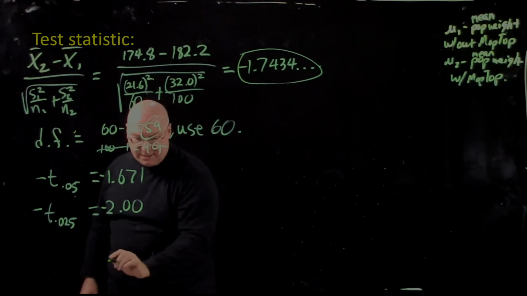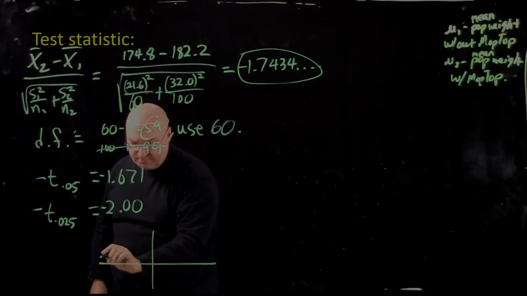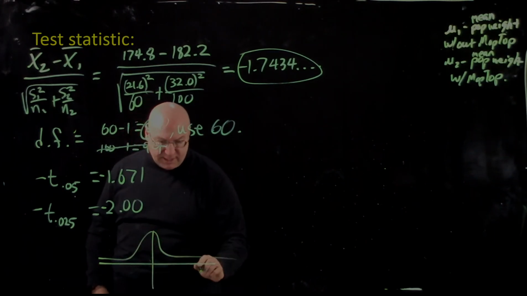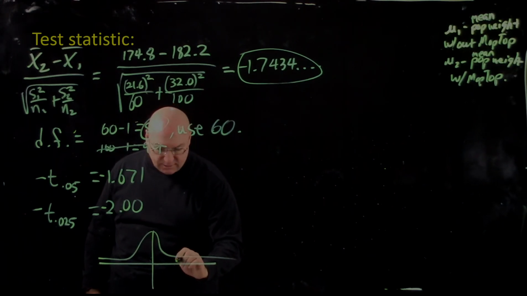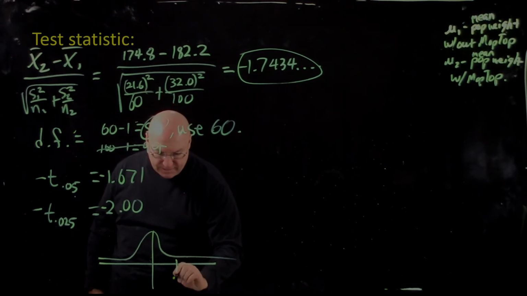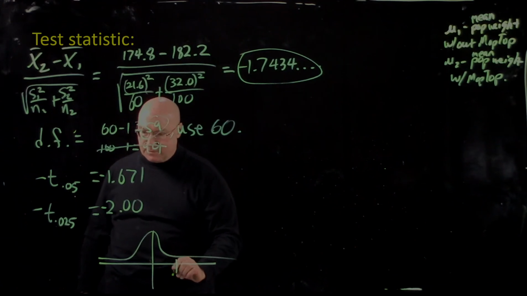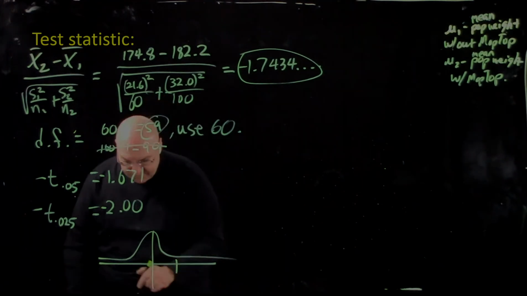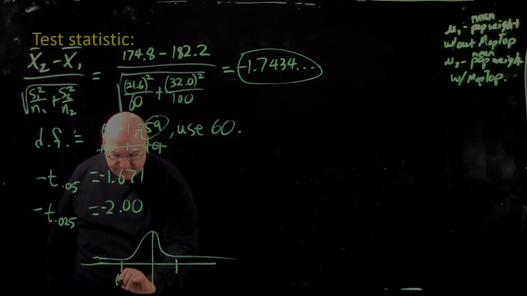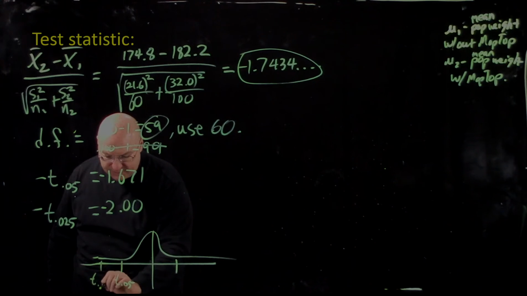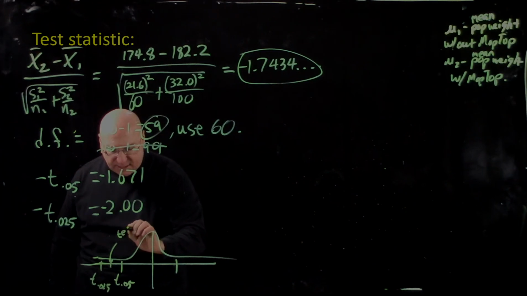So again, here I am drawing the bell of the t curve. I have here t.05, and I have here t.025, right? And it's in here where my test statistic lies.